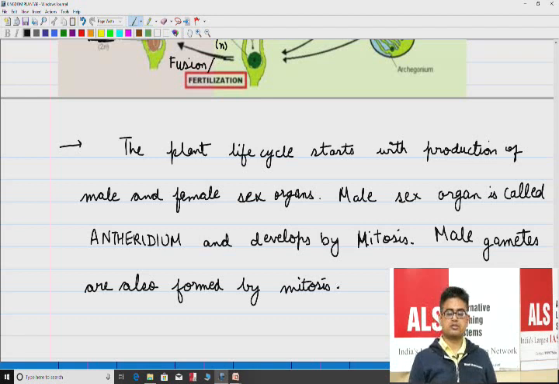Female sex organ is called archegonium, and it gives rise to female gametes or egg cell by mitosis cell division only.